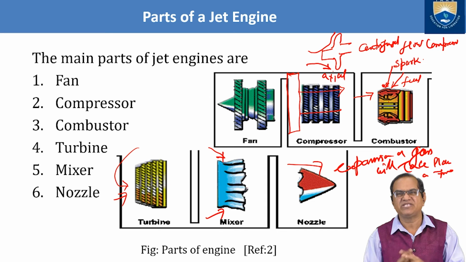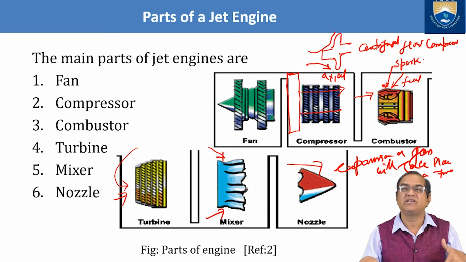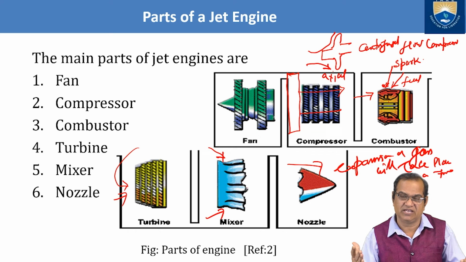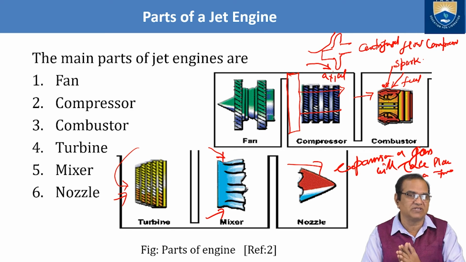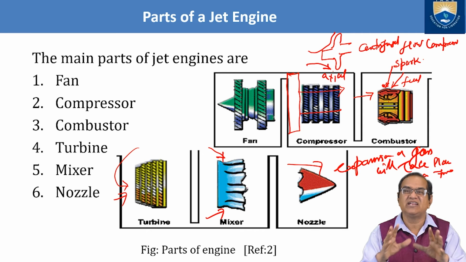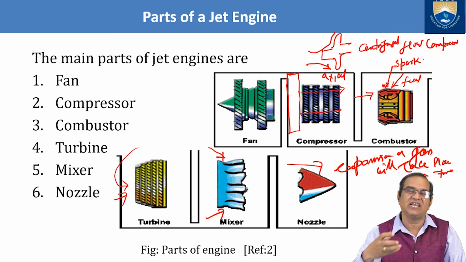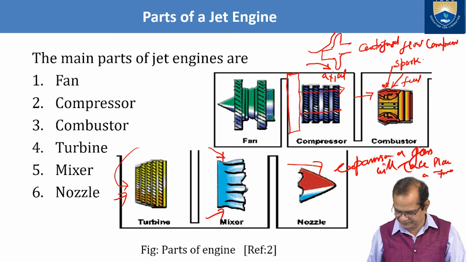So this is the basic difference, and you can identify it by the number of stages. If the number of stages is more than 3, then you can understand it is a turboprop engine. And if the turbines are fewer than 3, then it is a turbojet engine, because only a small percentage of the gases is utilized for this purpose.